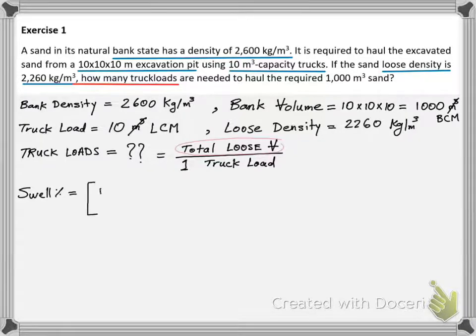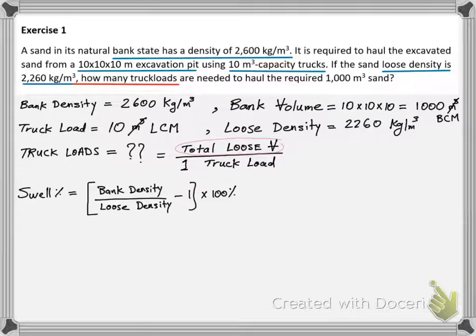The total loose volume, this means that we need to translate from the total bank volume, which is 1000, to a total loose volume. So the relationship here we can represent using the Swell percentage, which is given by this formula: bank density over loose density minus 1, times 100%.